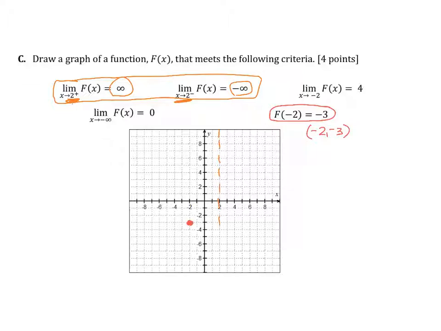So I'm going to fill in that vertical asymptote. And notice what this is saying, that if I'm coming in from the right, I'm tending toward a positive infinity. So I know I've got something like this going on. Now, I don't know that exact thing. I'm just doing a sketch, nothing perfect.